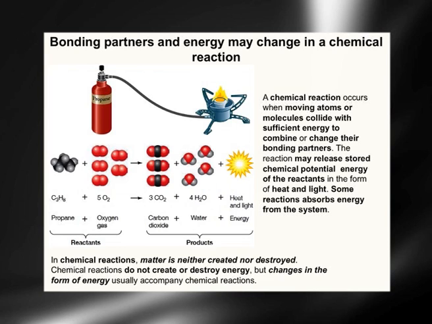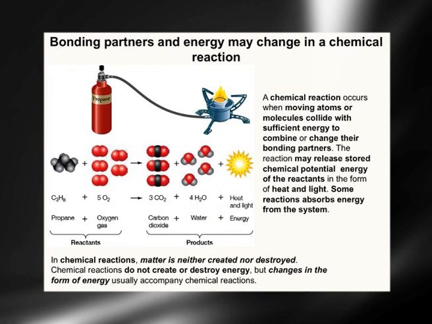Now, here these two molecules have collided with each other and exchanged their bonding partners. For example, here carbon was combined with hydrogen. You see, after the reaction, carbon has combined with oxygen. On the other hand, here molecular oxygen was free, but after the reaction, the oxygen has combined with hydrogen. So they have exchanged their bonding partners.